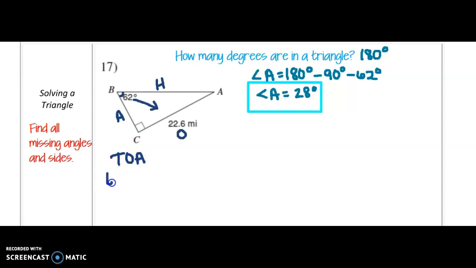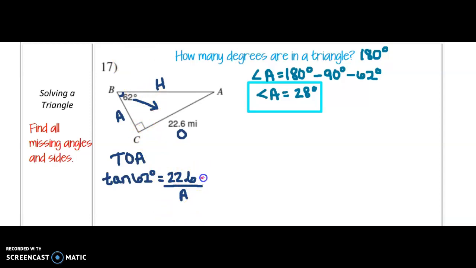All right, so we would have tangent of our angle, which is 62 degrees, equals opposite over adjacent. So 22.6 divided by our adjacent, which we're just calling A. So how would we solve this?